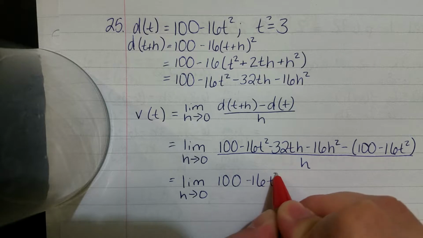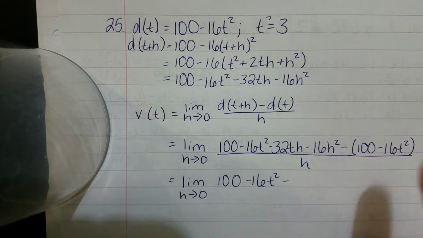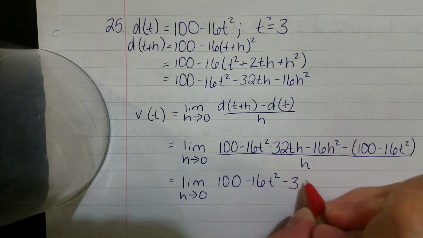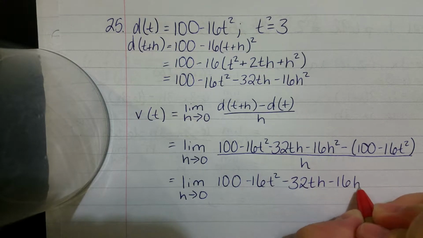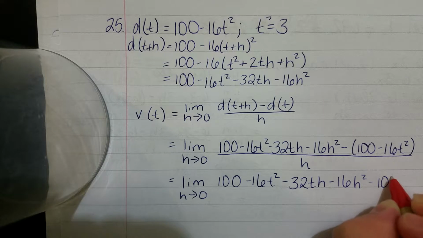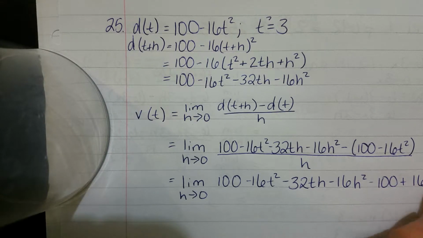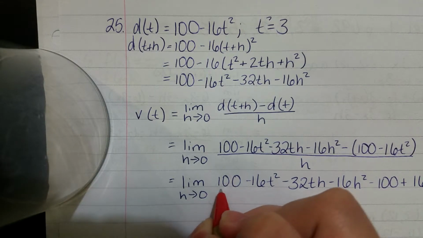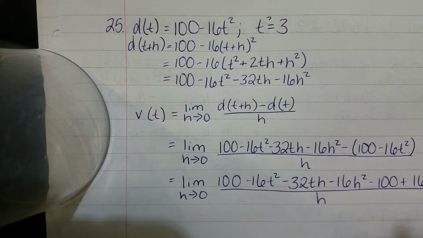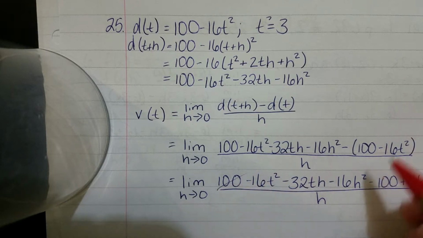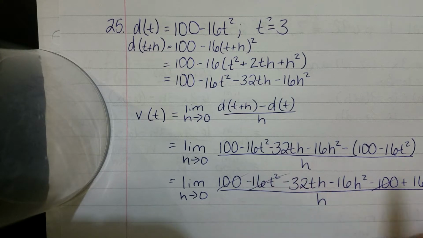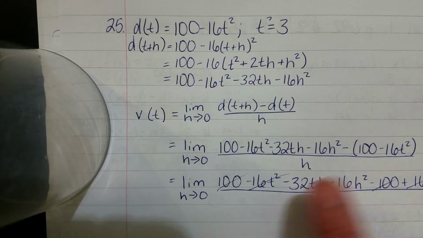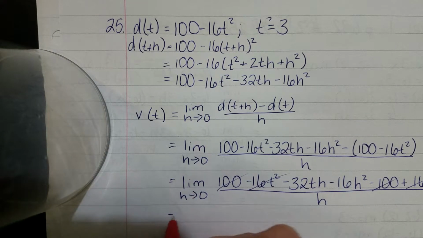So what I'm going to do now is just expand that negative. Go ahead and see 100 minus 100 is 0. Negative 16t squared plus 16t squared is also 0, so this is what I've got left.